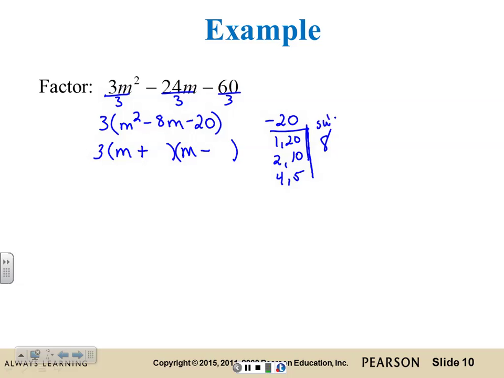Remember, this time we're going to subtract because the signs are different to get 8. And that's going to be 10 and 2. So remember what I told you earlier. The bigger number has to carry that first sign. My first sign is negative, so my 10 has to be negative. And so the 2 is going to be positive.